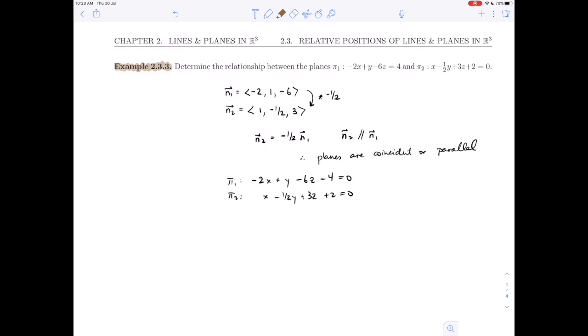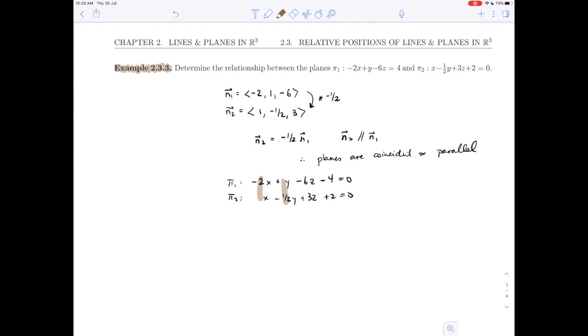We know that the coefficients of x, y, and z are multiples of each other, with the multiple being minus 1/2. What we want to know now is, does the constant d also share that relationship? And in fact it does.